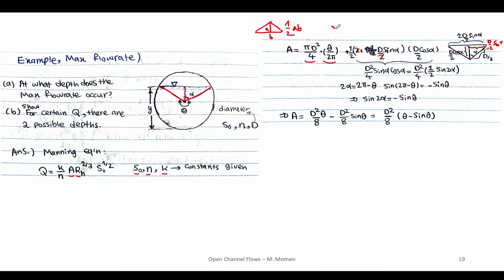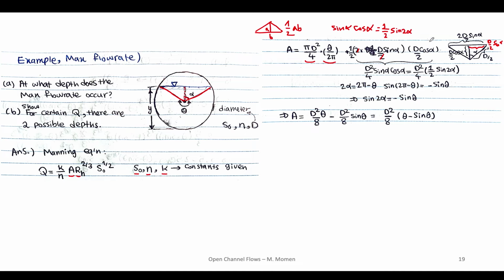So if you remember it from your algebra, sine alpha cosine alpha equals 1/2 sine 2 alpha.